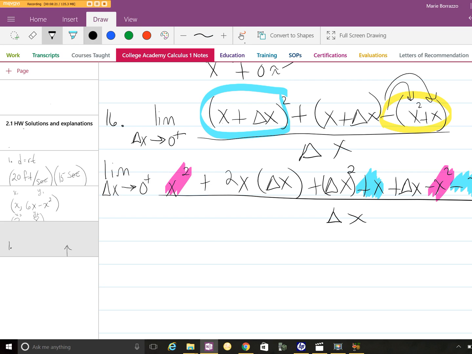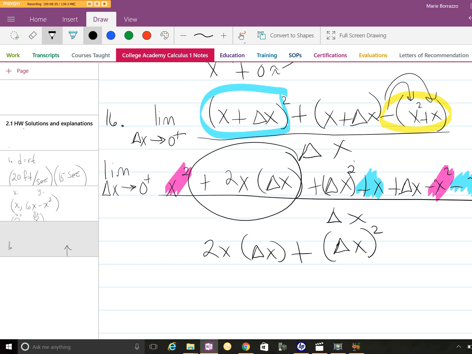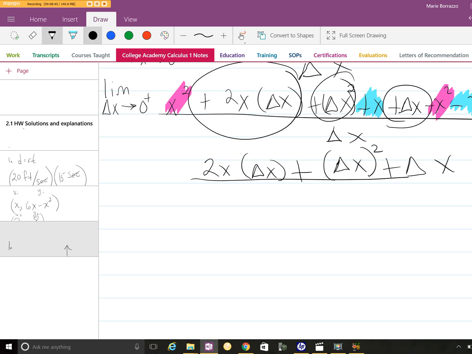I'm left with 2x change in x, that's this part of the function, plus the change in x squared, that's this part of the function, and then plus the change in x that's left over here, which is this part of the function. So all of this over the change in x.